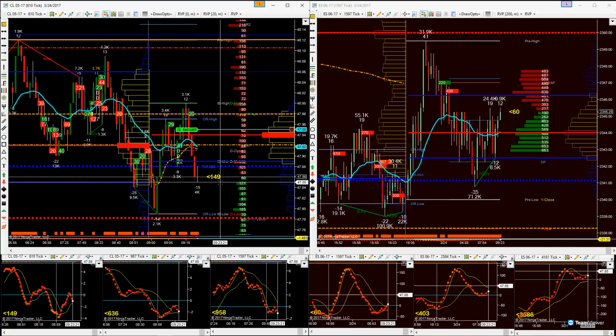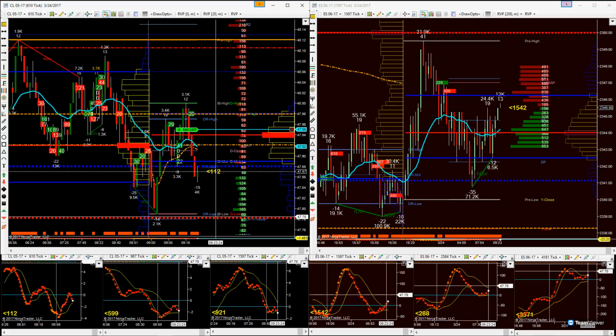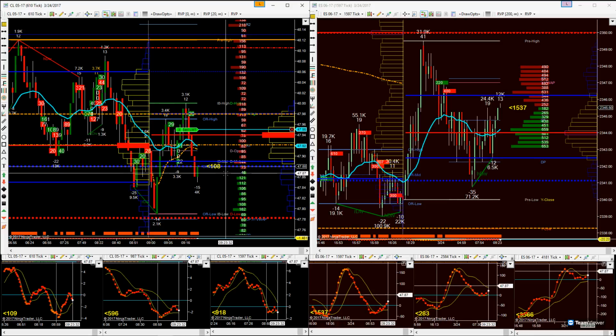So we've pulled all the way back down. We have not yet made it back to yesterday's VPOC. This is pretty much what I'm looking for. I'd like to see a pullback up, giving us a chance to get short.